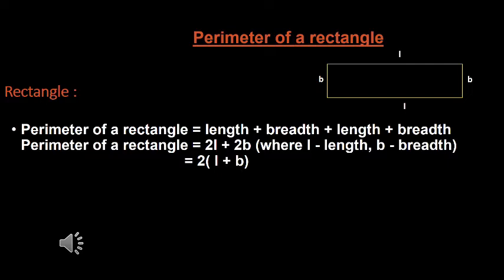Therefore, the perimeter is equal to 2 into length plus 2 into breadth, where L is the length and B is the breadth, which is equal to twice of length plus breadth.